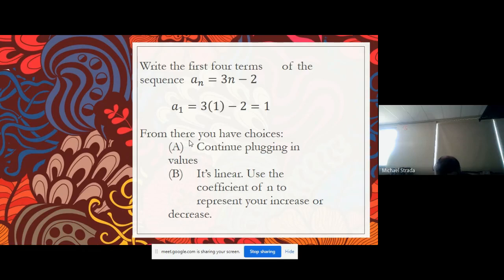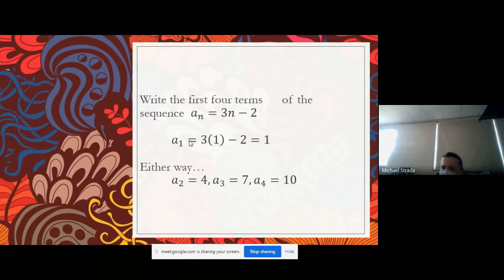From there, you have choices. You can continue plugging in 1, 2, 3, 4, or you can use the coefficient of n to represent your increase or decrease. Either way, a sub 2 would be 4, a sub 3 would be 7, and a sub 4 would be 10.